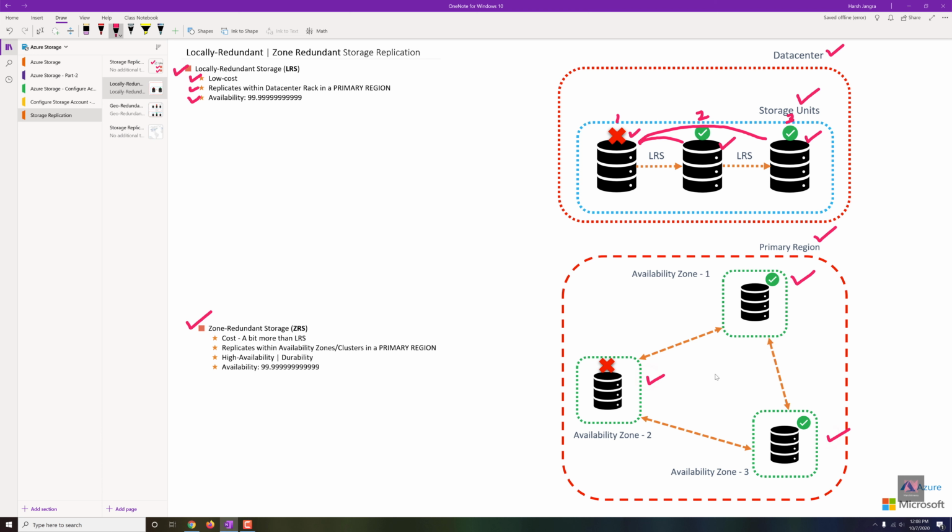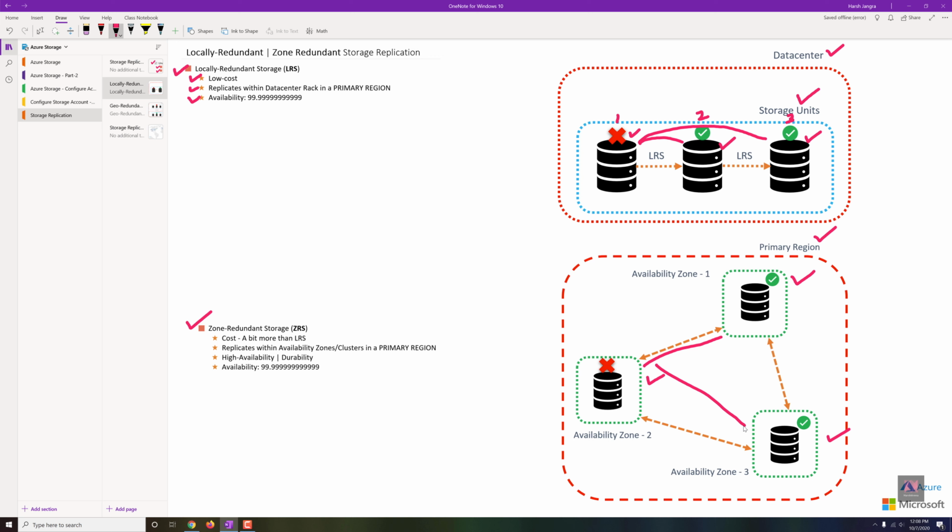And obviously these 3 data centers have different power sources, different storage units, different processing power, different cooling systems. I mean, absolutely different. That's why we call them availability zones. So in this primary region, we have, as an example, 3 availability zones. If you select ZRS when creating your storage account or any other service, it copies your data from the storage unit in one availability zone data center to 2 other data centers, or availability zones.